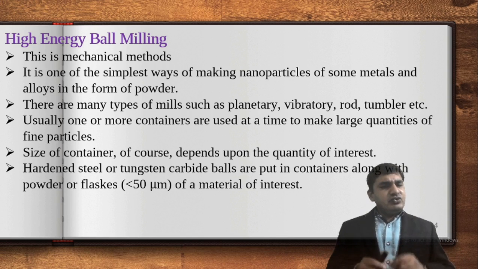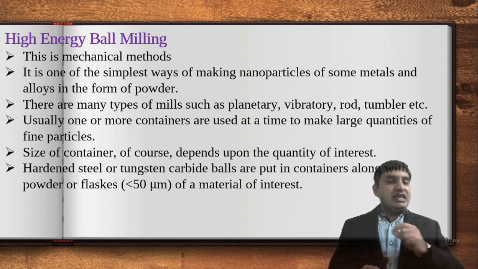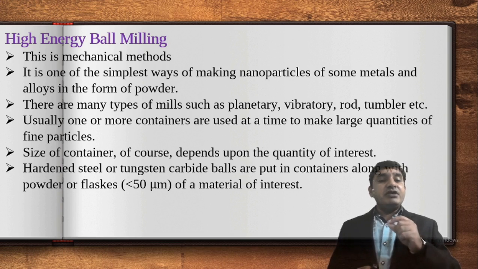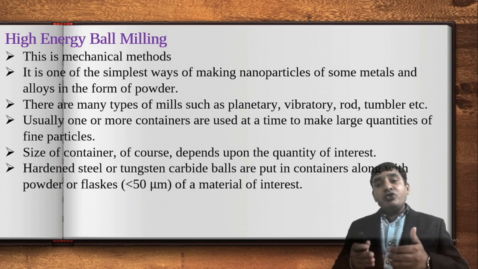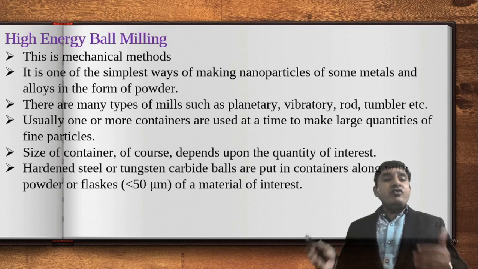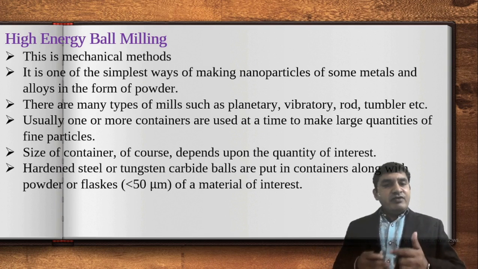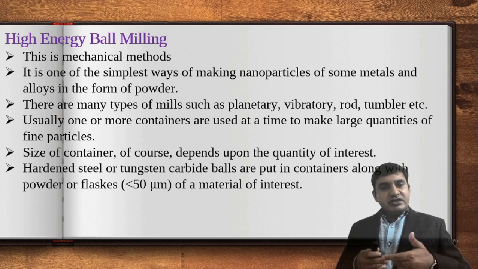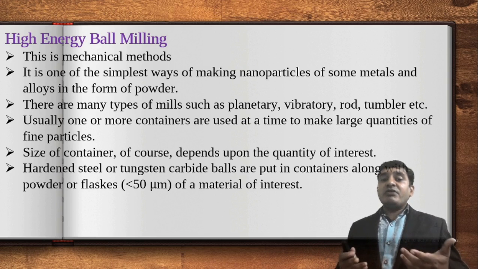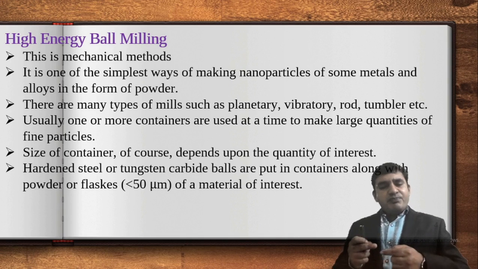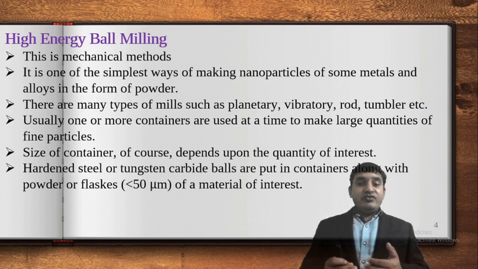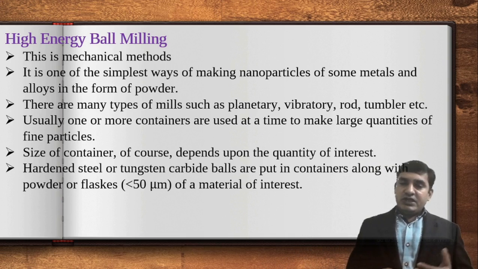We can use steel or tungsten carbide balls. So the tungsten carbide balls are put in a cylinder along with the powder, and when the cylinder rotates, the tungsten carbide balls also rotate, so that when the balls come in contact with the material, we get the nanoparticles.